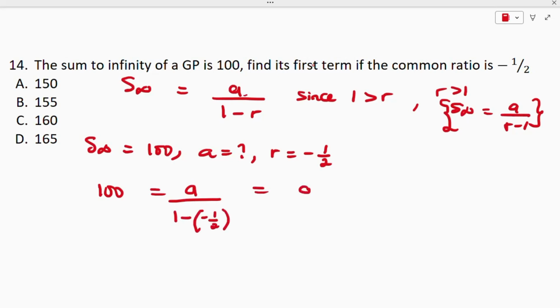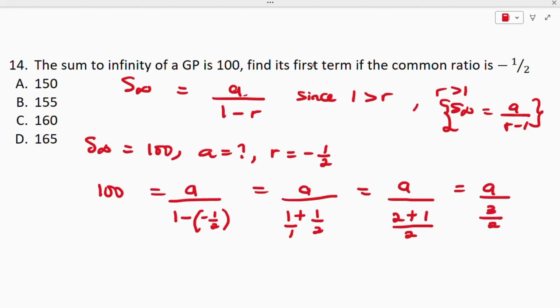So this is equal to a divided by 1 plus 1 over 2, which is equal to a divided by, you look for the LCM, it is 2. This is over 1. 1 divided by 2 is 2. 2 times 1 is 2, plus 2 divided by 2, 1. 1 times 1 is 1, which is equal to a divided by 2 plus 1 is 3 over 2. So we have 100 is equal to a divided by 3 over 2.